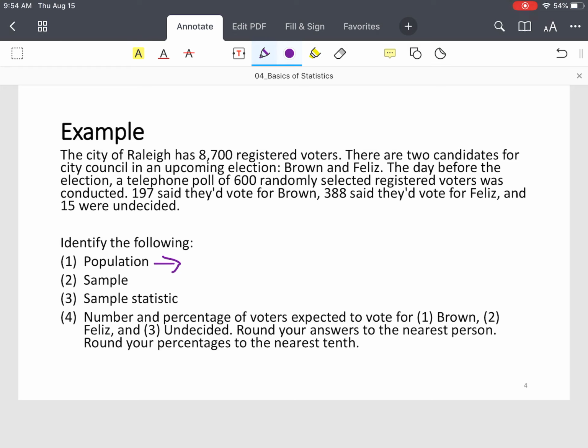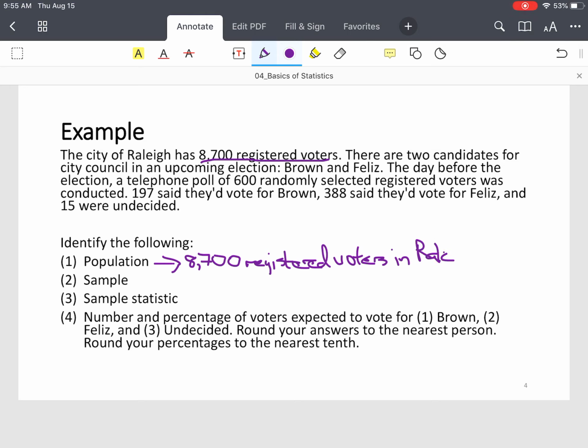All right, we know for a fact we've got 8,700 registered voters in the city of Raleigh. So you've got to be very careful about defining your population. 8,700 registered voters in Raleigh.